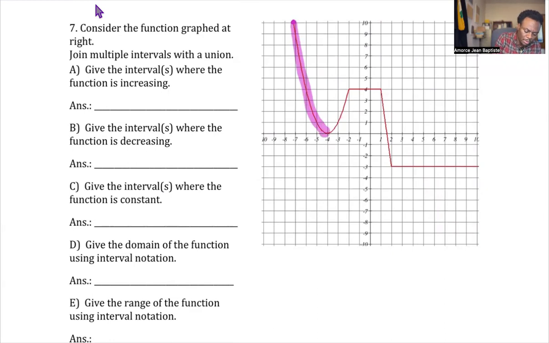We need to remember that this goes forever and this also goes forever. So we have a decreasing interval from negative infinity. As you can see, it continues up, but with a trend toward the left on the x-axis.